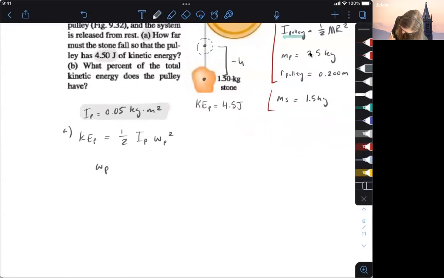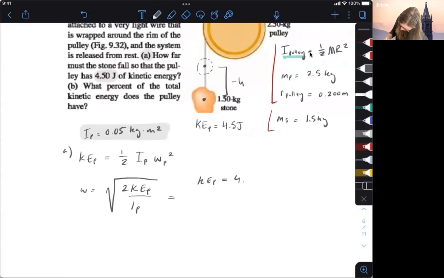So ω_P: if we're rearranging this, and we want the kinetic energy to equal this, we'll have ω equal to the square root of 2 KE_P over I_P that we know. So we're going to plug in KE_P equals this 4.5 joules, right? So we're going to figure out the angular velocity.